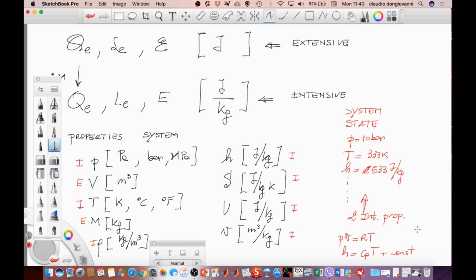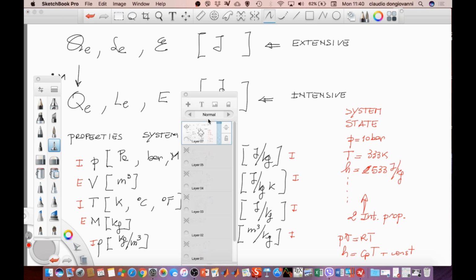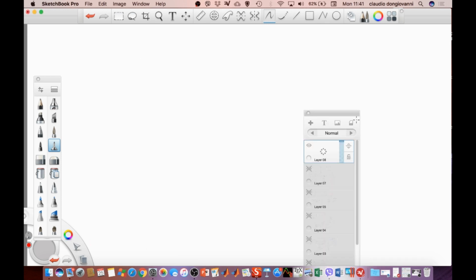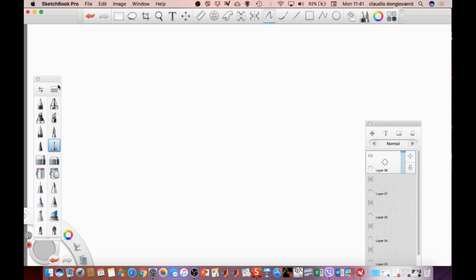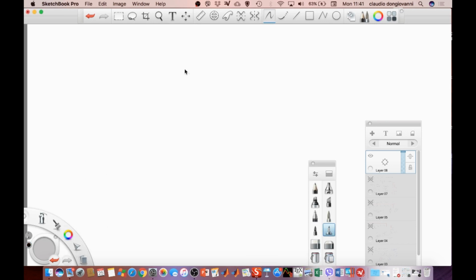Okay, so let me write, and this is very important because these are the 2 formulas that you have to remember. First law of thermodynamics, with reference to intensive quantity: QE plus LE equal to delta U plus delta E kinetic, gravitational, and reference, system reference. So, centrifugal force.